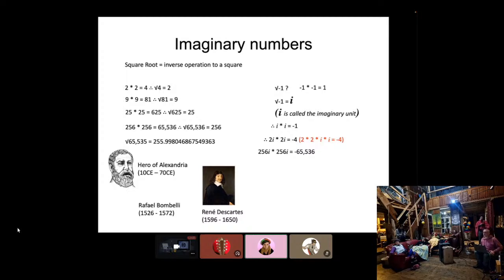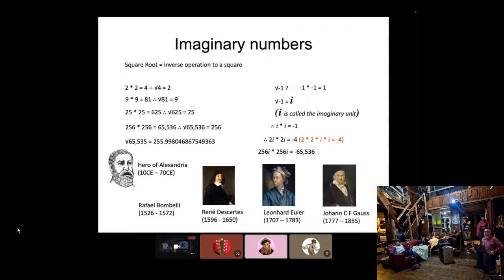So it was René Descartes, who didn't really believe in them, thought they were a bit silly, who actually named them. And then these two, Euler and Gauss, took the maths and did some proper stuff with it. These two are very important people in math circles, really.